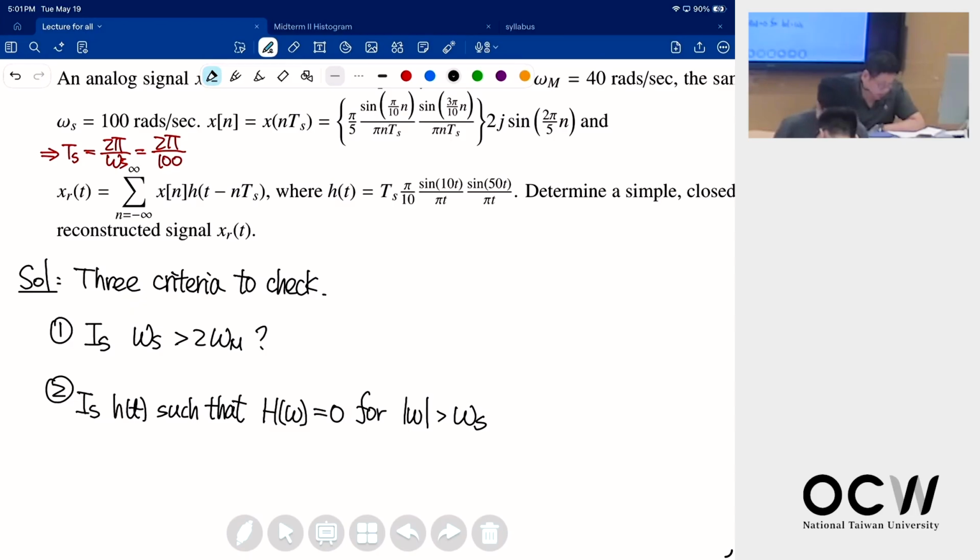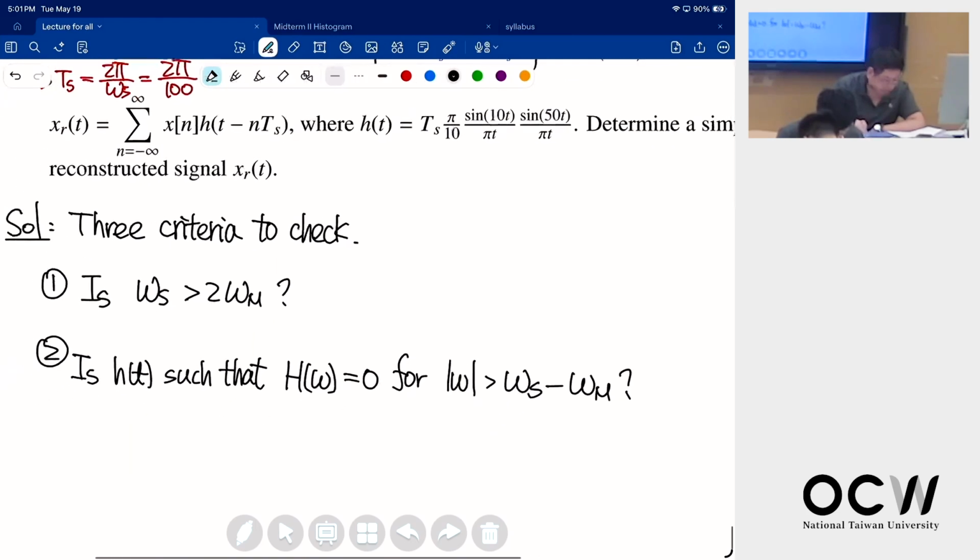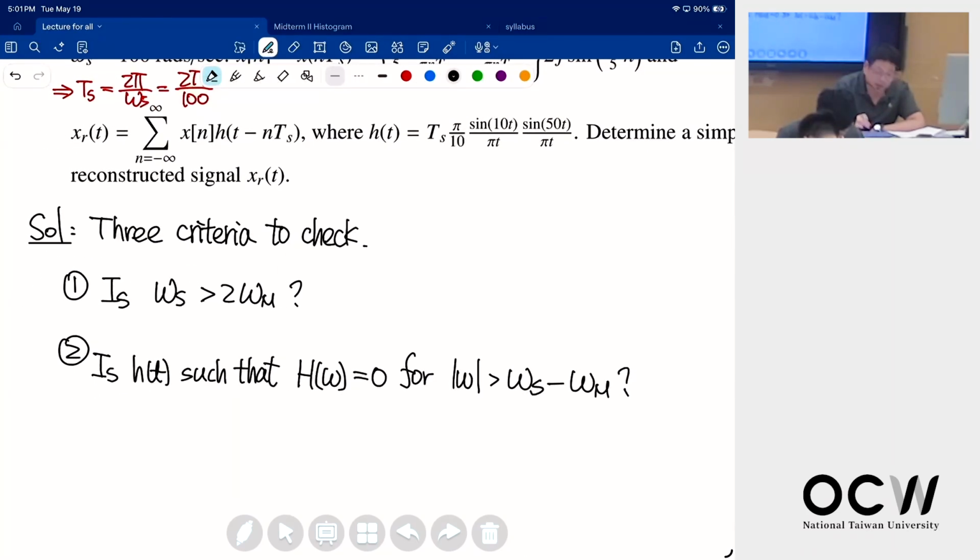When the frequency is greater than the difference of your sampling rate and the bandwidth, is that 0? Because we want to make sure that we can filter out any rapid cuts.